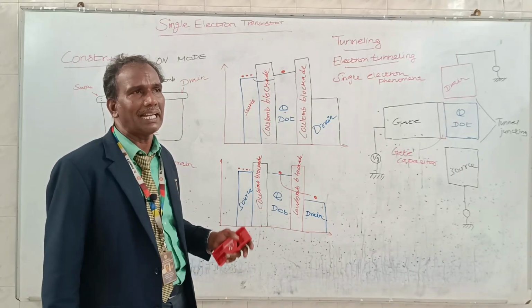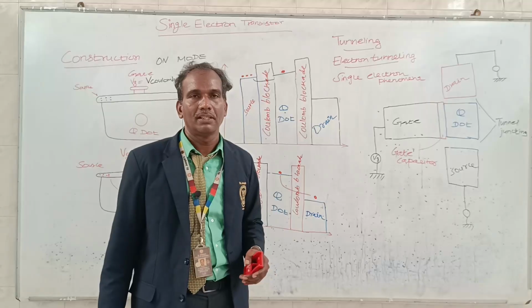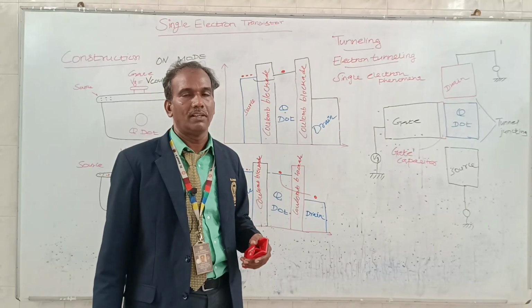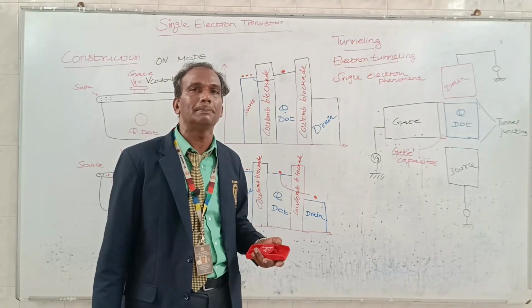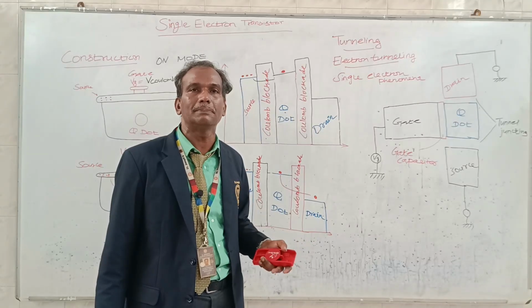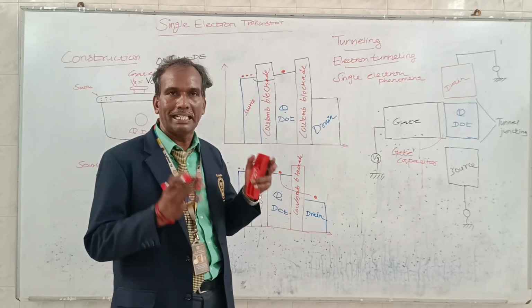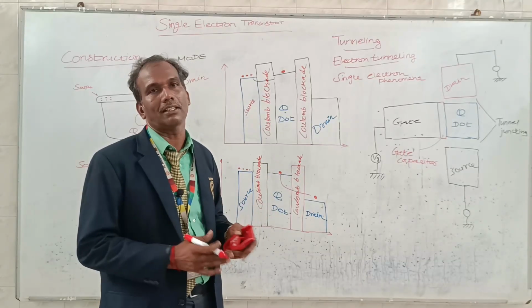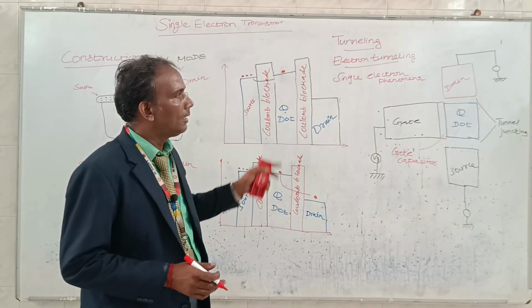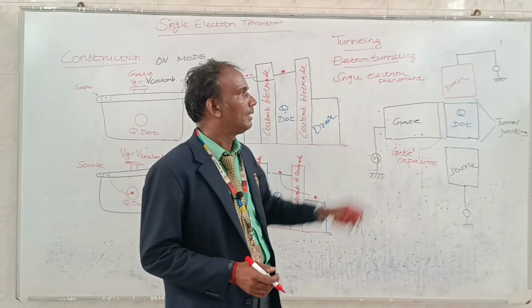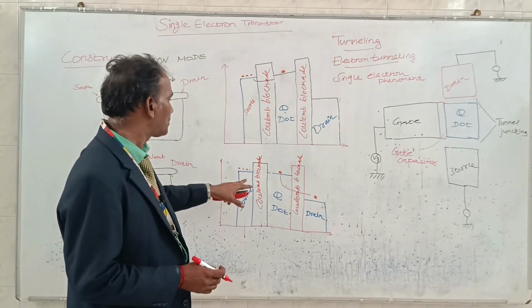Coulomb blockade is a phenomenon or effect used to prevent the unwanted tunneling of electrons; it opposes the flow of electrons from source to quantum dot.